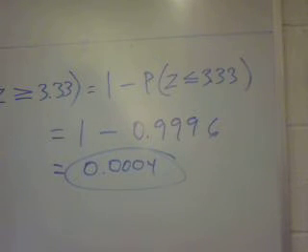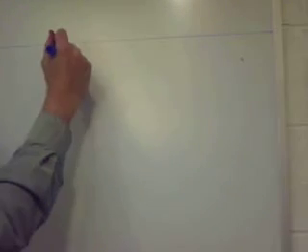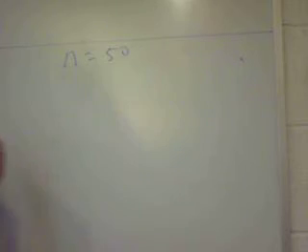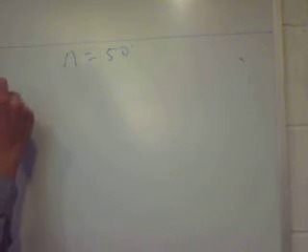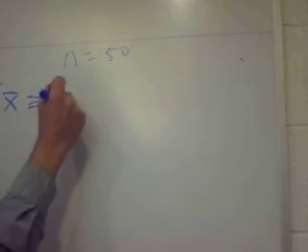Now the next question was, what if instead of 15 fish, we took a sample of 50 fish? So now n is 50. And we want the probability that x bar is greater than or equal to 10 inches for n equals 50.